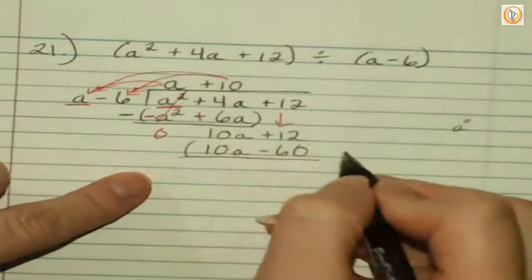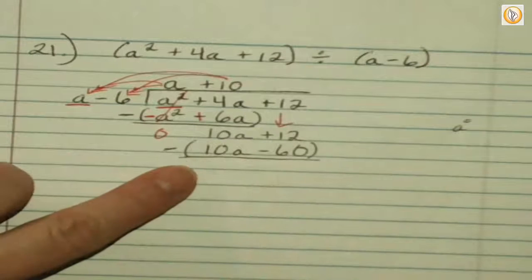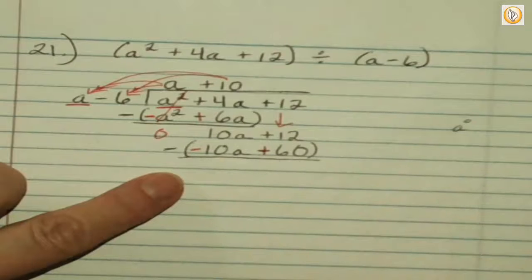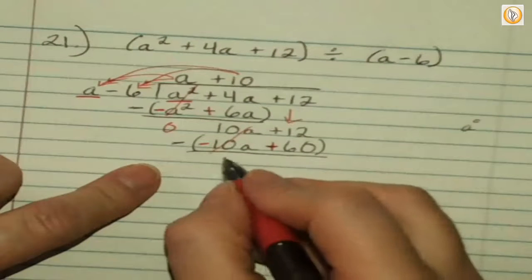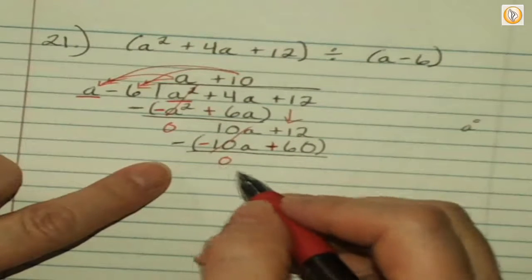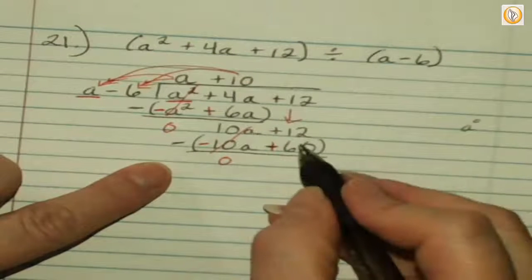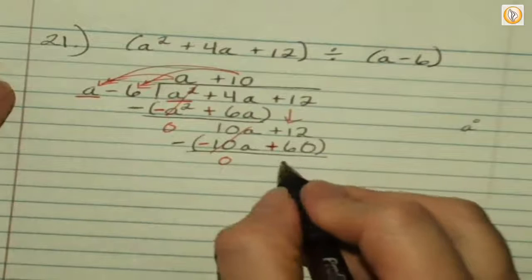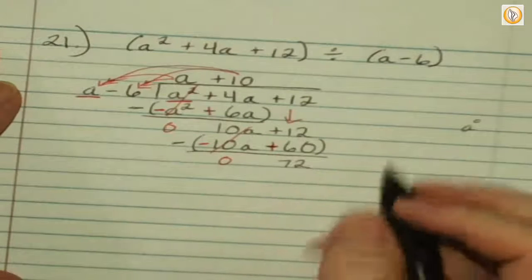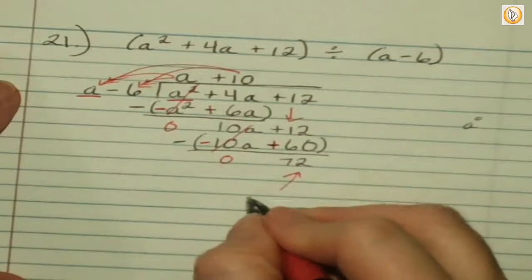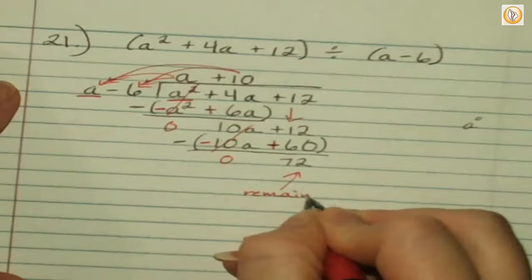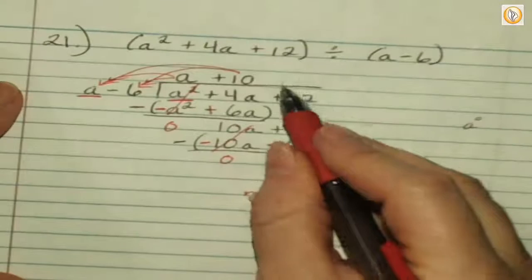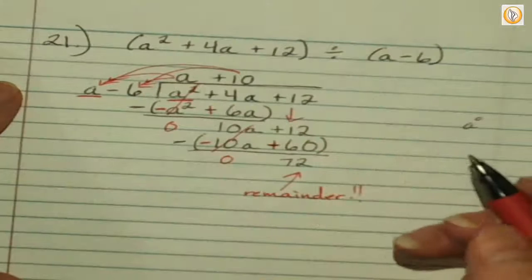Okay, so now we're going to do that subtracting. This becomes negative. This becomes positive. So these cancel out because 10a minus 10a is 0. Oh no! 12 plus 60, what is that? 72. That's my remainder. So we don't just put an R in 72.